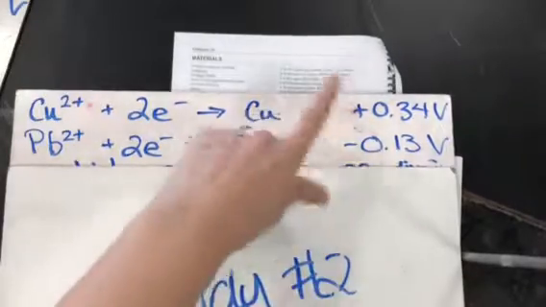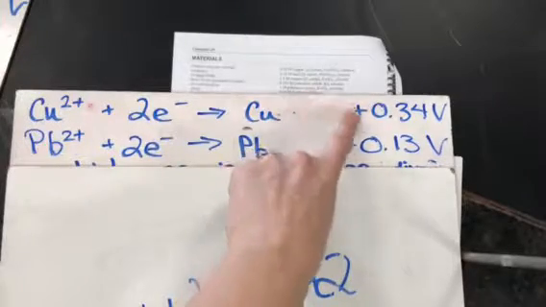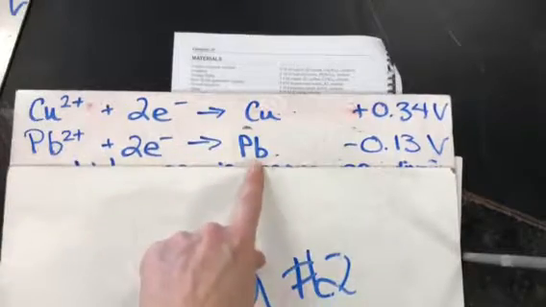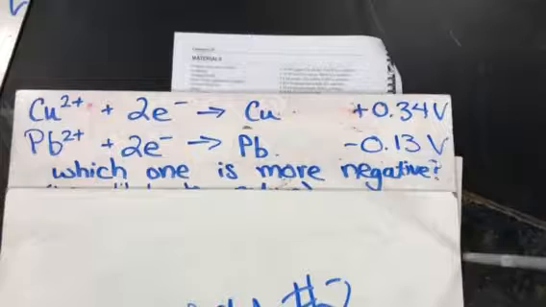So these would be the cell potentials that you would look up for the copper 2 plus to your copper solid and your lead 2 plus. Then you have to think to yourself, all right, similar to the other one, but there's one other step that you would then do. So which one is more negative? That's one way to look at it. Or you could say which one is more positive.